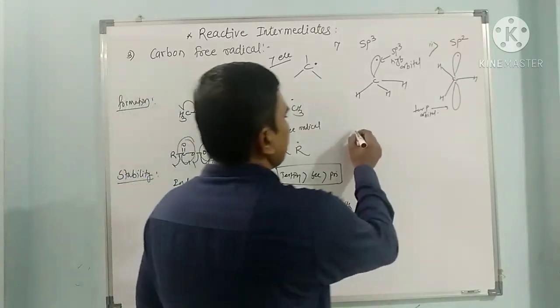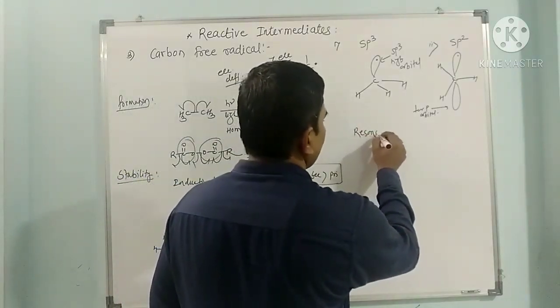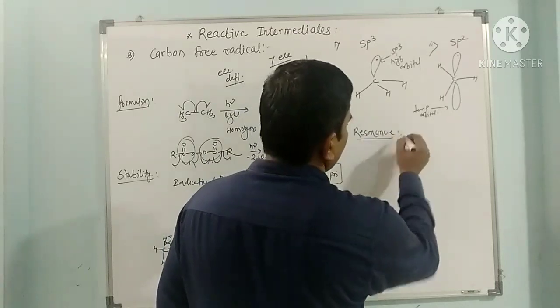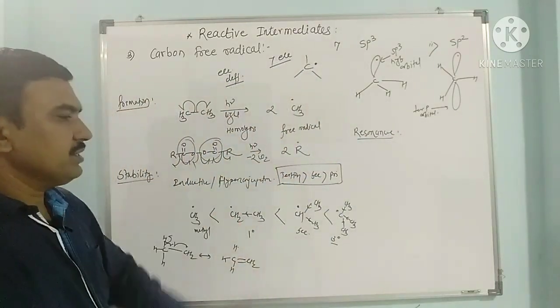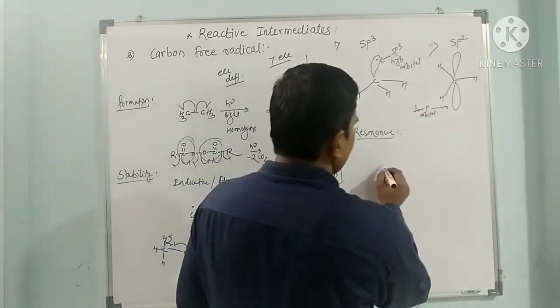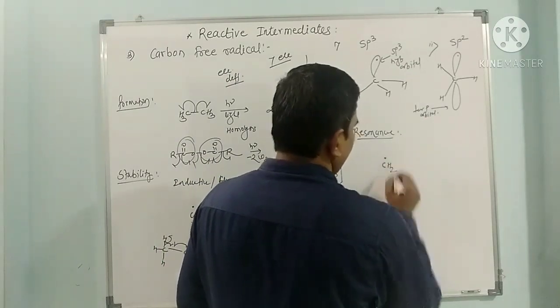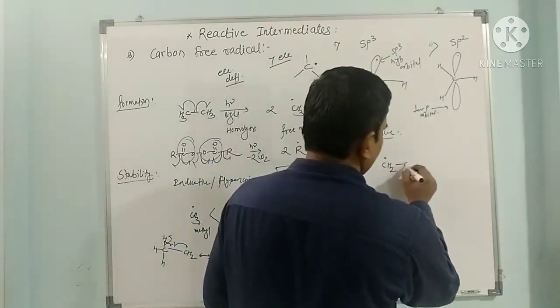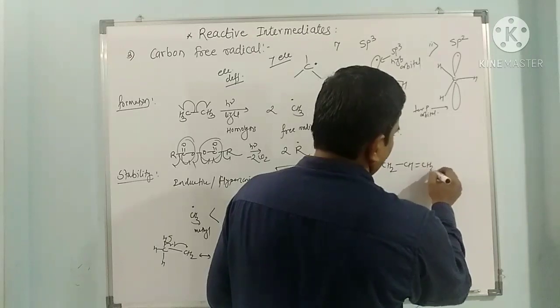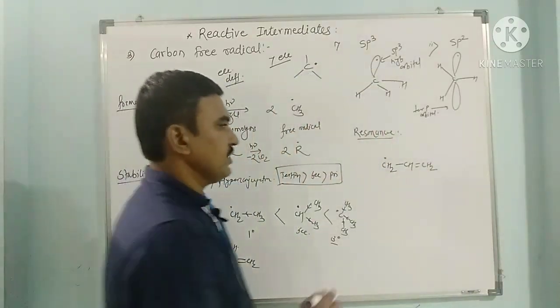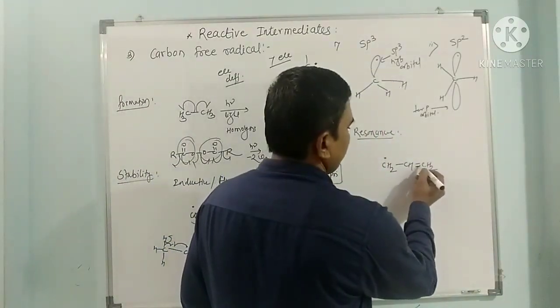Now the next is resonance. How does the resonance effect stabilize carbon free radical? Take the allyl carbon free radical, CH2=CH-CH2 radical.